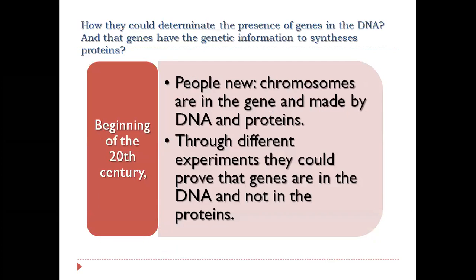So how did people determine the presence of genes in DNA? At the beginning of the 20th century, people knew that the chromosomes contain the genes and are made by DNA and proteins. And through different experiments, they could prove that the genes are in DNA and not in the proteins. Before, they didn't know where the genes were, in DNA or in proteins.